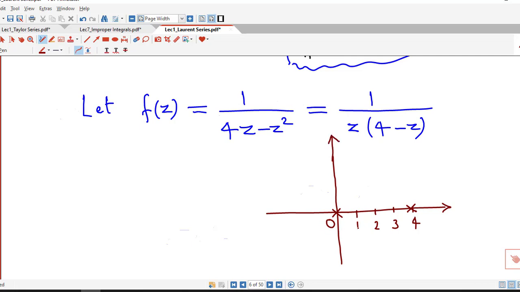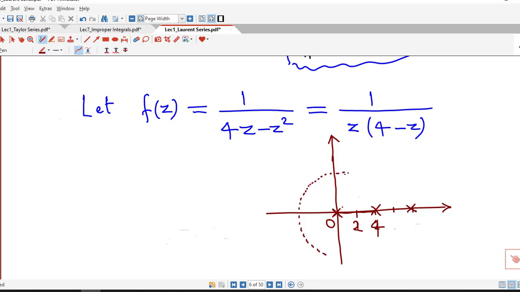So we can consider some small scale so that we don't have a problem in the sketch. Suppose this distance is 4. The function is not analytic at z equal to 0 and at z equal to 4. So we consider an open disk with center z equal to 0 and radius 4.